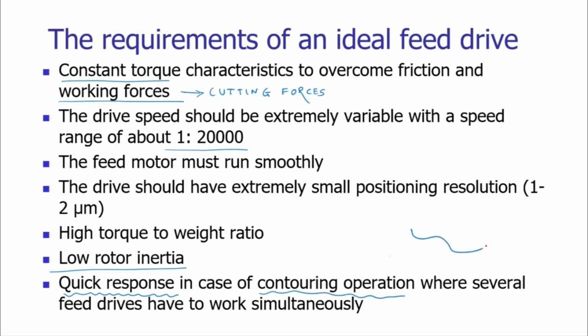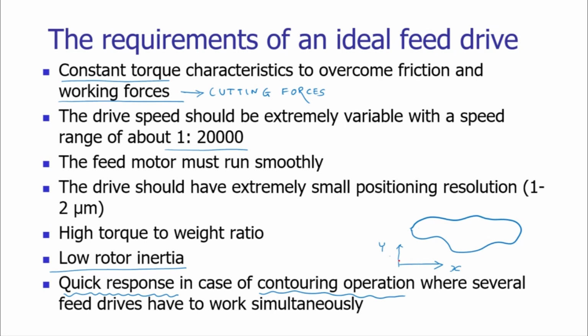So let us consider an example that we need to manufacture a contour. To get this contour, we have to have simultaneous motion of the tool along x and y axis. To have the feed of the workpiece along x axis, we are using one feed drive, and to have the feed along y axis, we are using another feed drive.